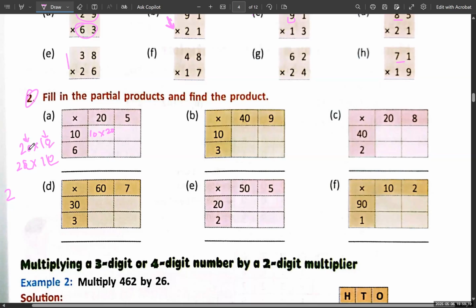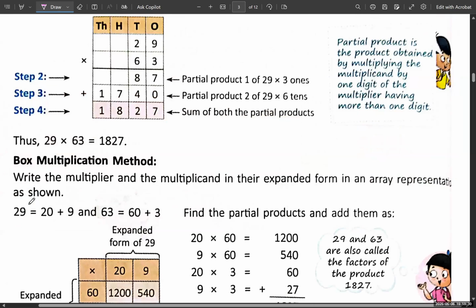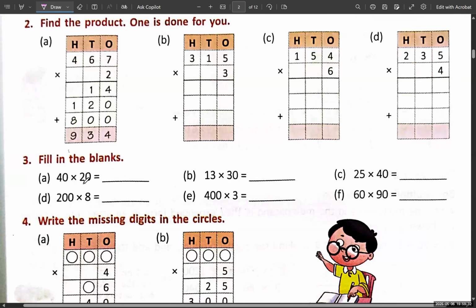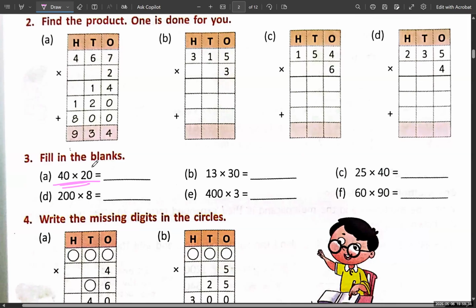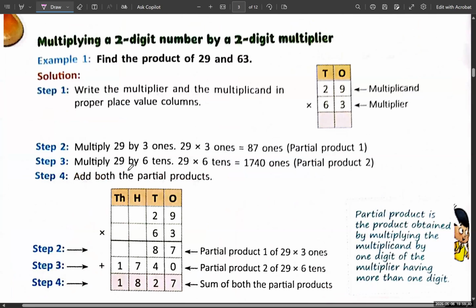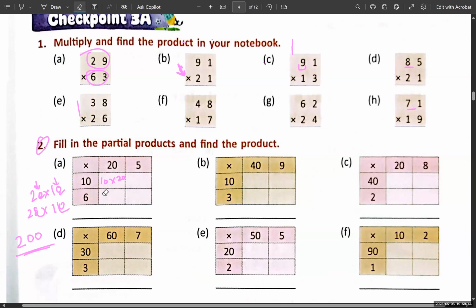We have 2 zeros, so I'll write 2 more zeros. So the answer will be 200. We did this question here only: 4 twos are 8, and there were 2 zeros, so 800. Okay, so here I'll write 200.